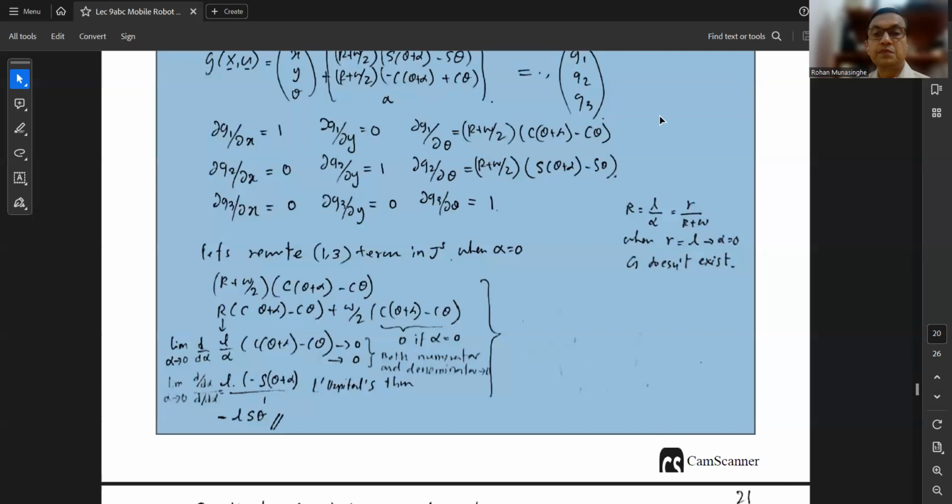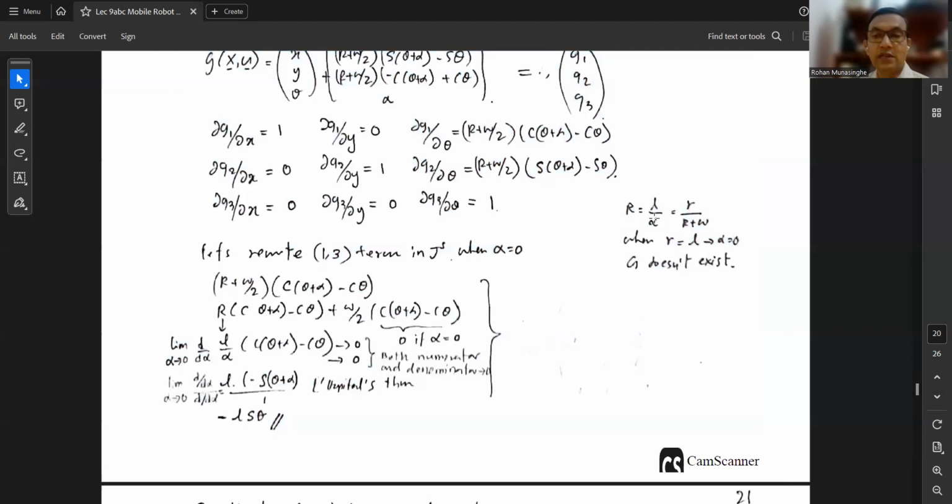As you know, R is equal to L over alpha, which is also equal to R over capital R plus W. So when R is equal to L, which is when the robot is moving straight, alpha is 0. So when alpha is 0, this R is infinity. It's not defined. That's the problem. You can't just simply put alpha equals 0 and say everything is 0. No, it's not the case.